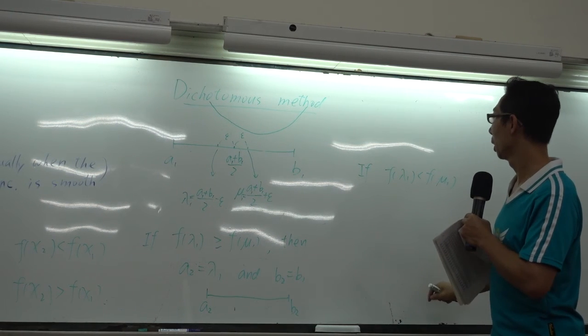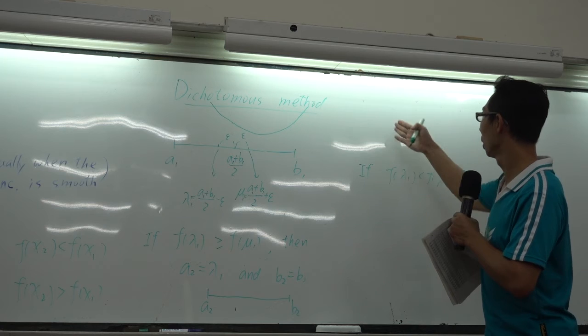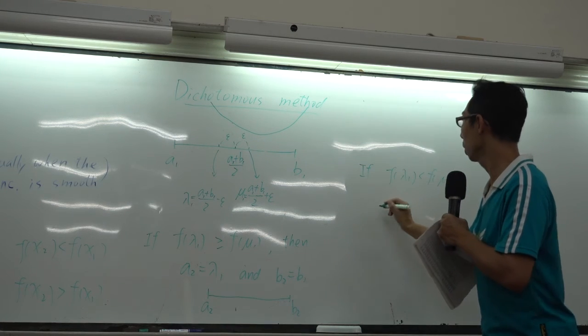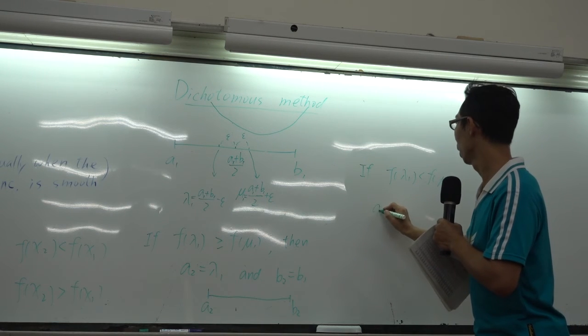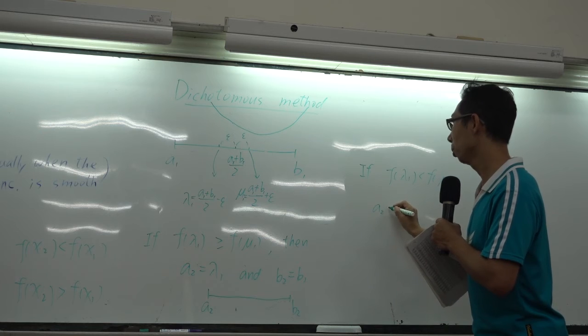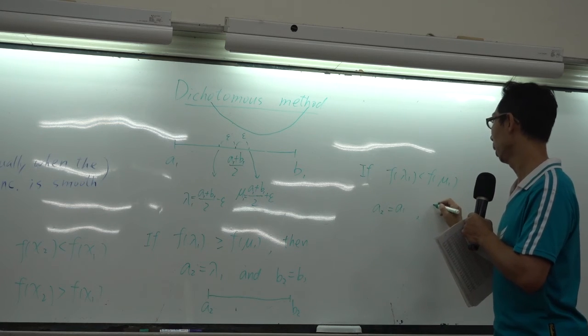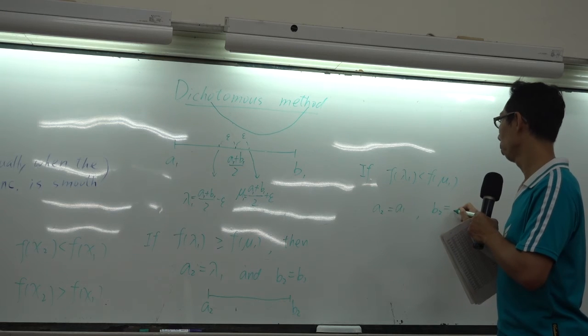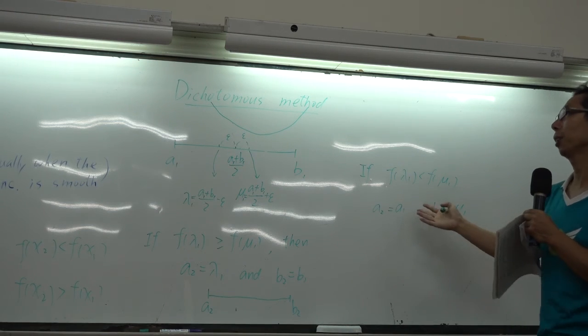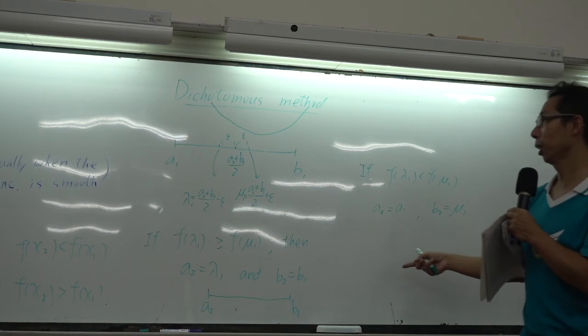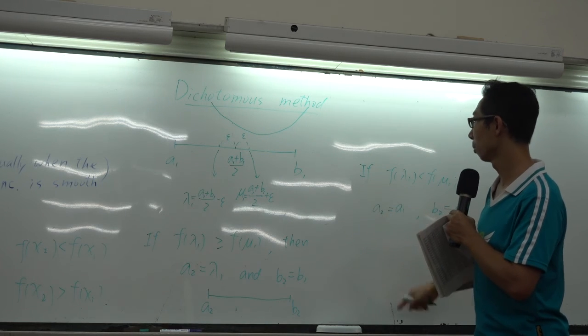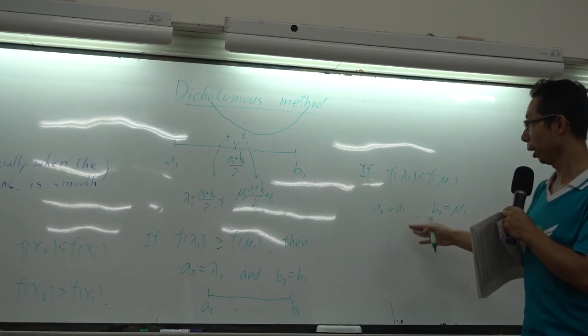In this case, by the figure, you know what to do. Then A2 is A1, and B2 should be lambda 1. So that's this kind of case. That's it, and then you just continue.